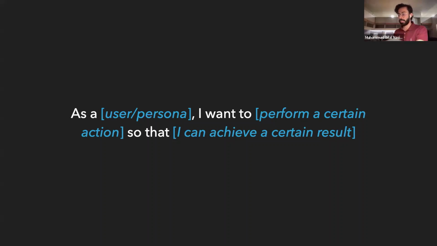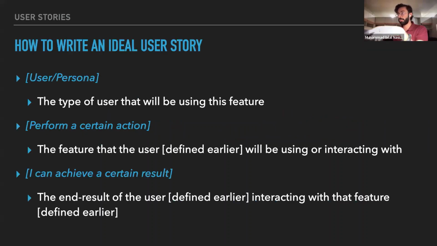So three things have come in here, right? Those three things are the user or the persona, which defines the type of user that will be using this feature. The reason that is important is because you need to define who your user is. If you do not define who your user is, then that removes the context from your story as well. Who is this feature for?